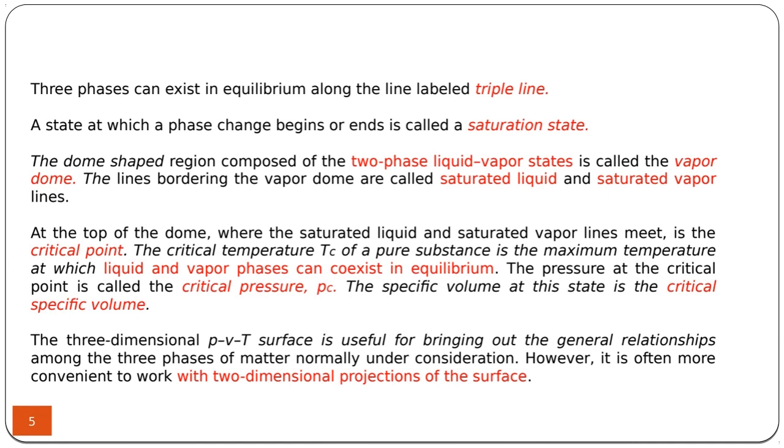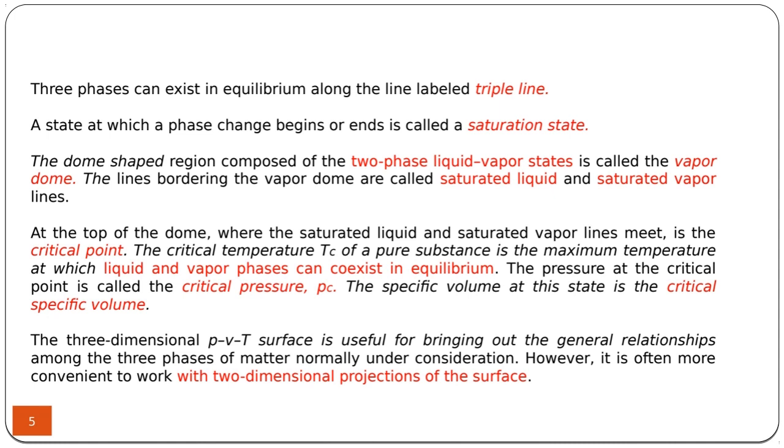Inside the dome, inside the curve, we have a mixture of liquid and vapor. The left-hand side of the curve is called saturated liquid. The right-hand side of the curve is called saturated vapor. The outside of the curve, the right-hand side, is called superheated vapor.